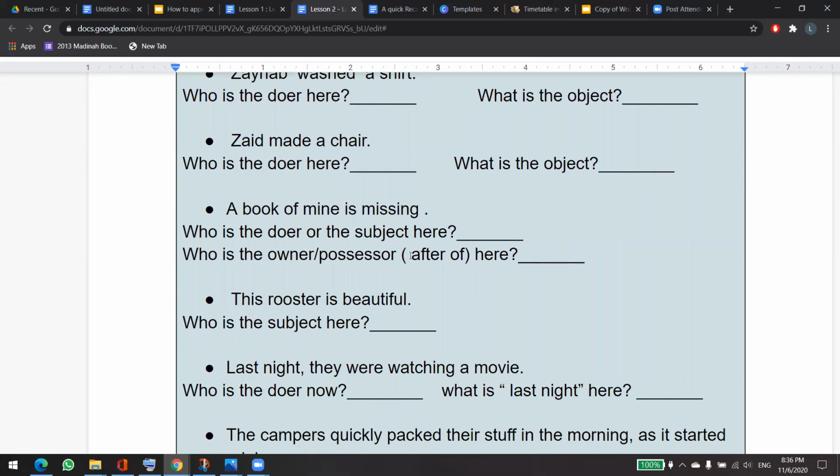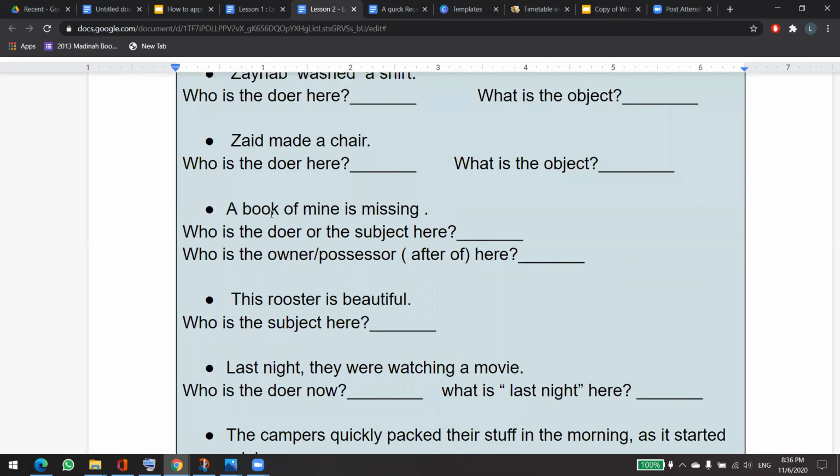A book of mine is missing, right? A different kind of sentence. So what is the doer or the subject here? The main thing that we are talking about. Book, right? Book is missing.